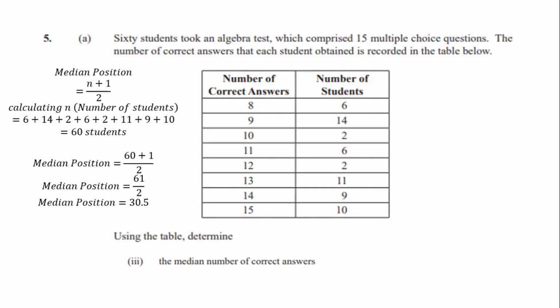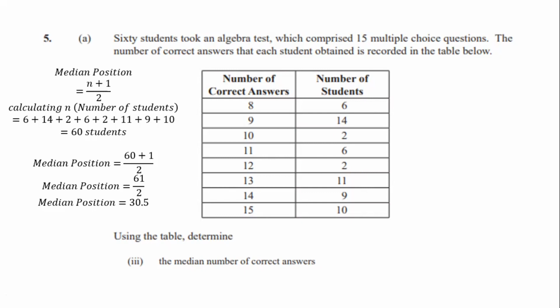So as I said, our median lies between the 30th and the 31st position. The correct answer 12 would be in our 30th position, which means that the correct answer that follows, which is 13, would be in our 31st position, and there are 11 of them.